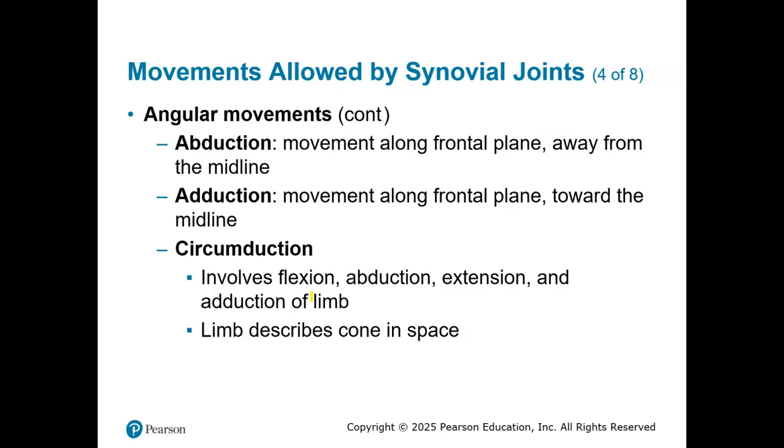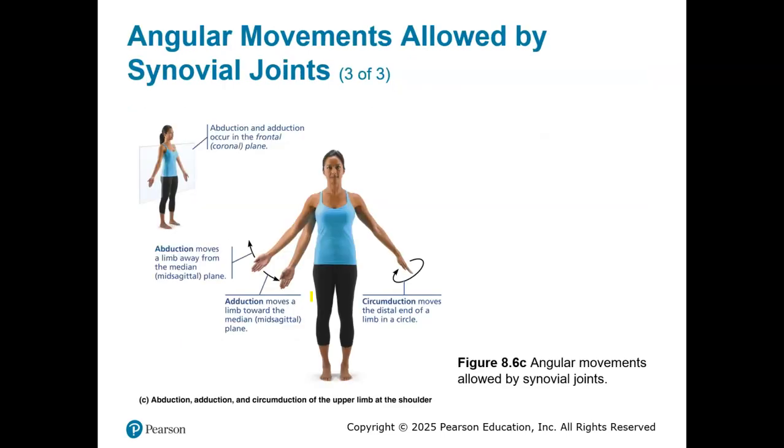There are a couple of other movements you can do: abduction, adduction, and circumduction. When you have your arms straight at your sides and then you raise them, that is abduction. Abduction is moving your arm away from the median line, the middle of your body.